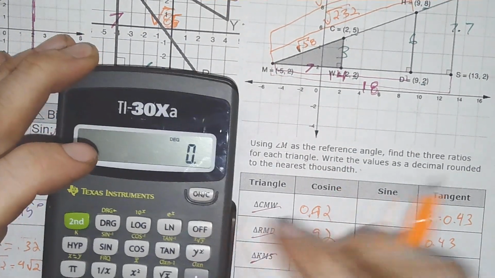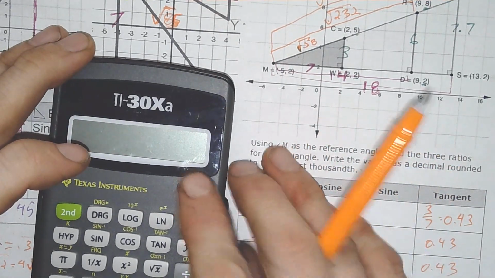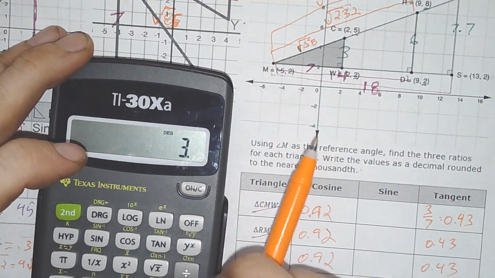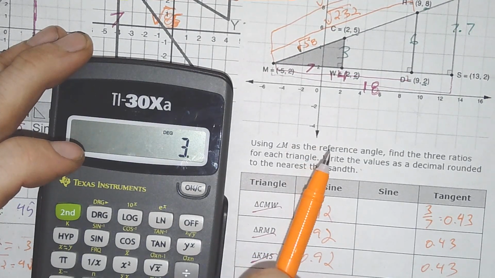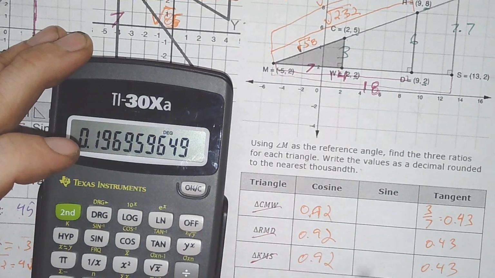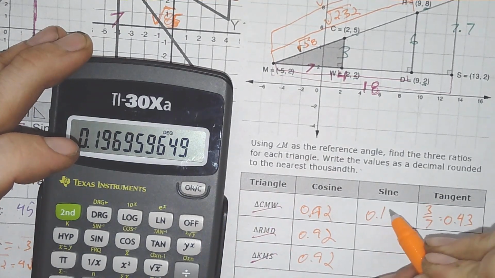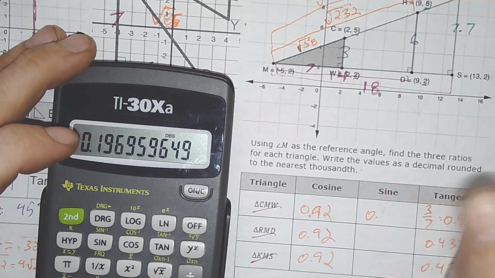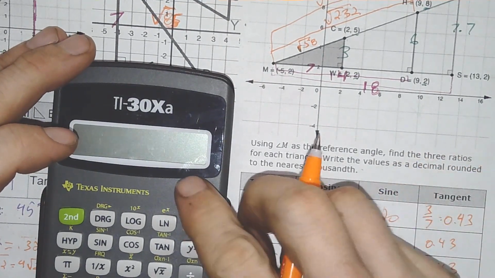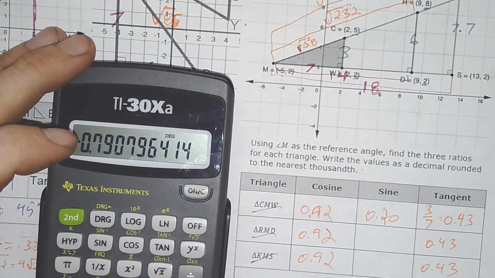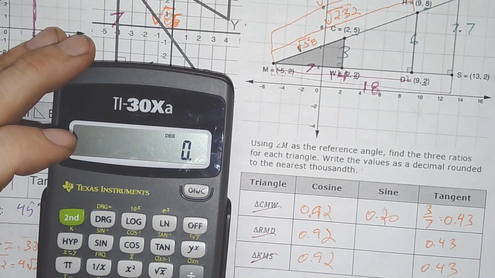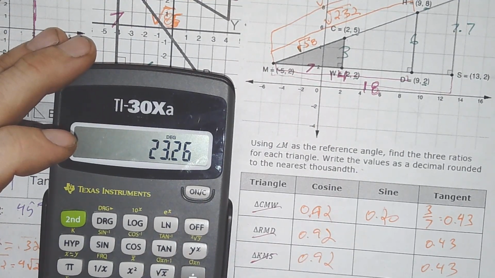Okay, and then the sine is going to be all the same stuff too, opposite over hypotenuse. 3 divided by the square root of 232, which is like 0.20 effectively. If I take 23.26 and put in sine, that's not right.